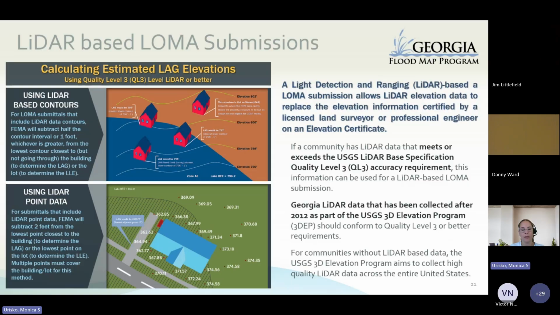One, which uses FEMA guidance to calculate it, is based on the LiDAR-based contours. And there's a methodology that adds a little bit of a factor of safety there. And I'll show you the differences of the LAG that you get by using the contour method or straight LiDAR point data.